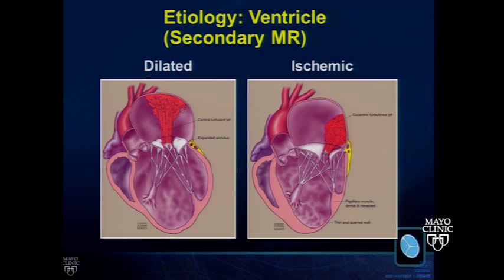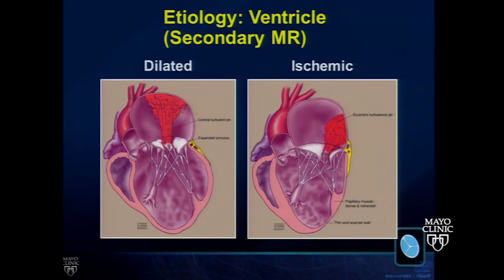Secondary mitral regurgitation, which is regurgitation due to the ventricle, is a different story. The ventricle is the disease, not the valve. Whether it's due to a dilated cardiomyopathy in which there's stretching of the ventricle, stretching of the chordae in a central jet, or ischemic mitral regurgitation in which there's retraction of the posterior medial papillary muscle.